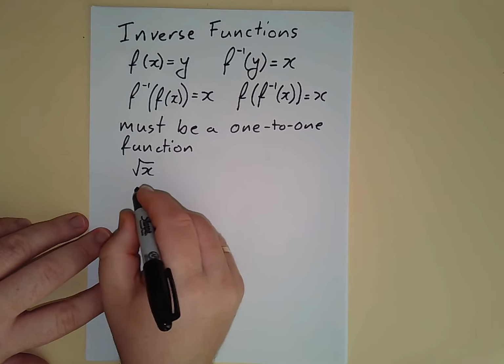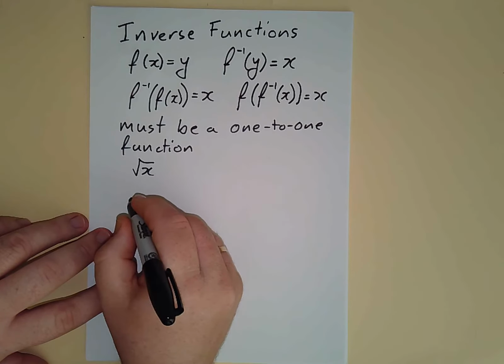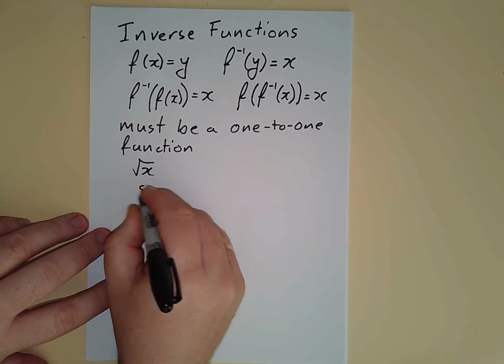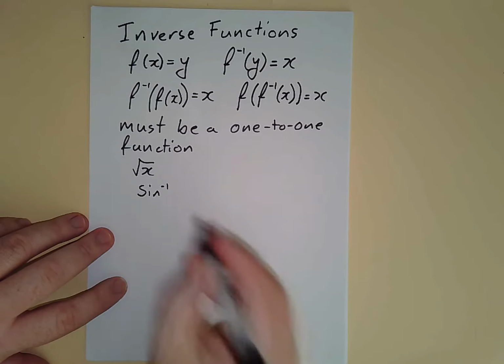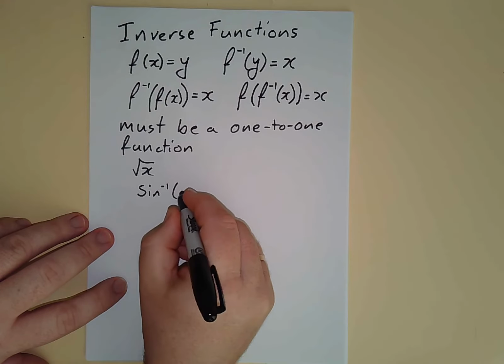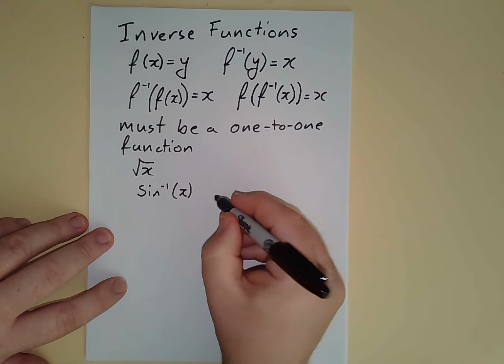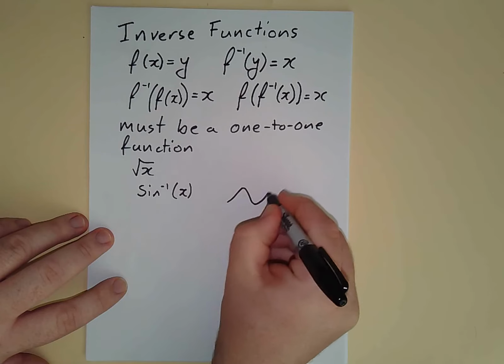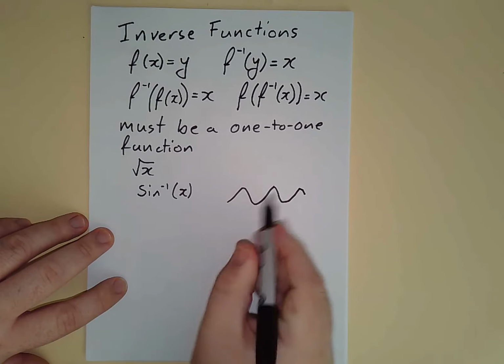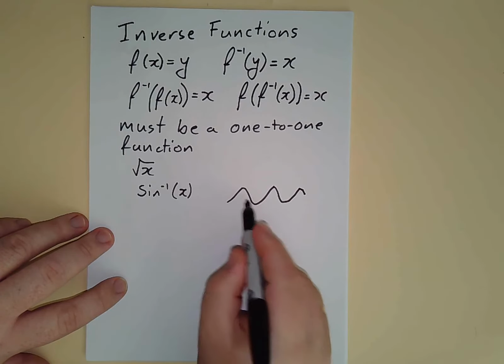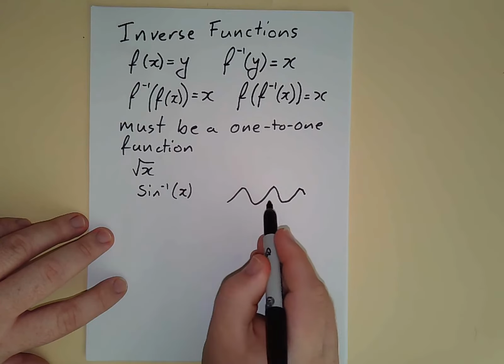And similarly, all your inverse sine, cos, and tan buttons, because sine, remember, is a wave, there are lots and lots of different x's that will give you the same y.